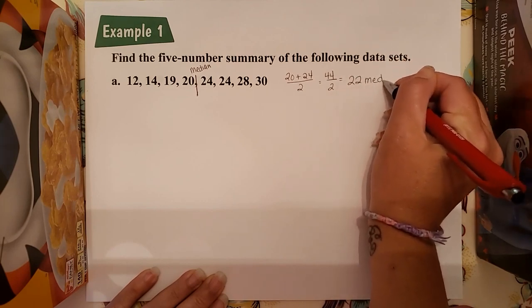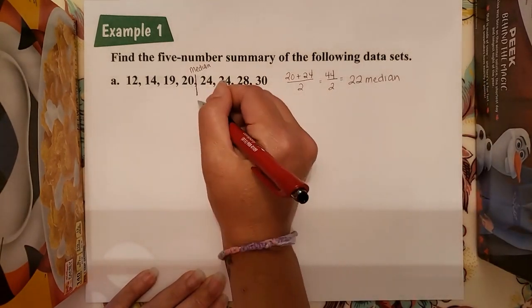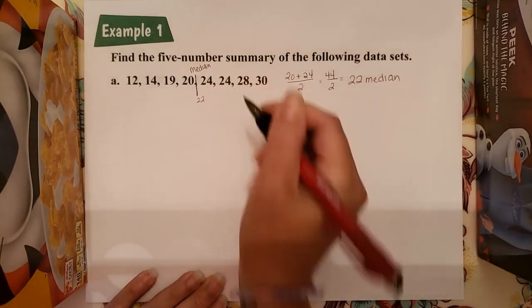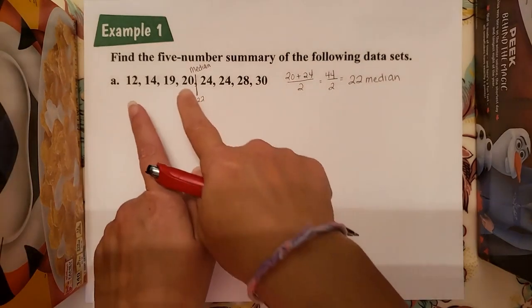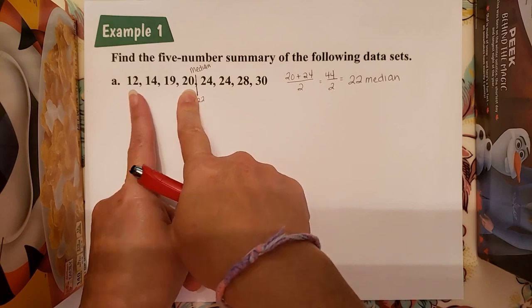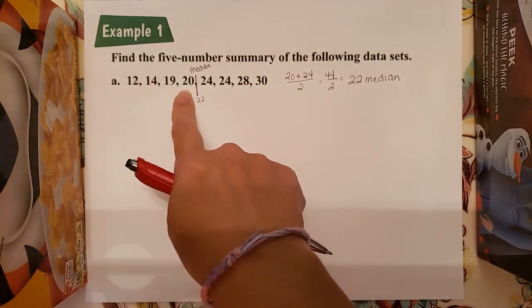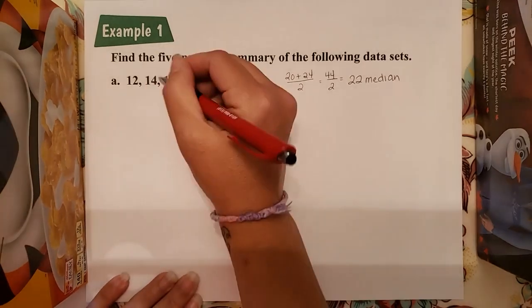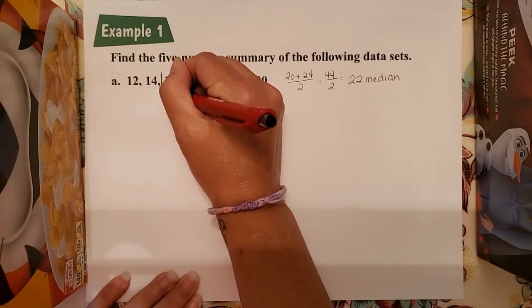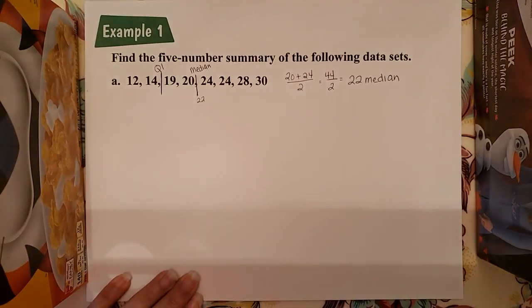That is our median, okay? So my median is 22. Now we're going to look at the bottom half of our data and find the median of that. So the middle of that, we have 4 numbers, 12, 14, 19, 20. My middle is going to be between 14 and 19. We call this Q1.